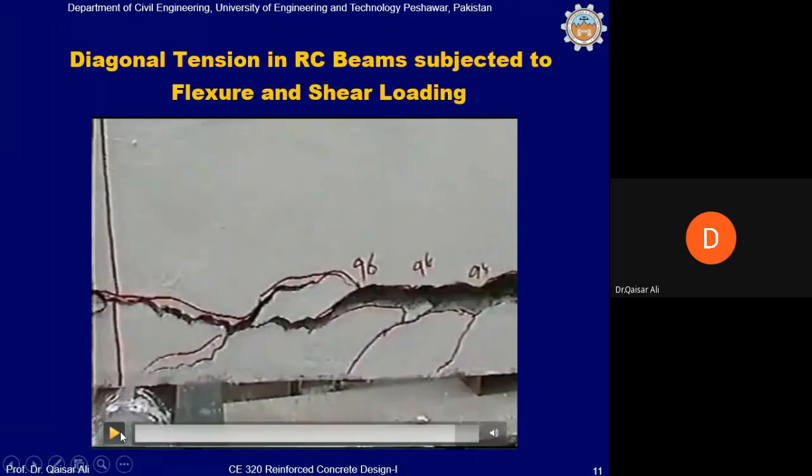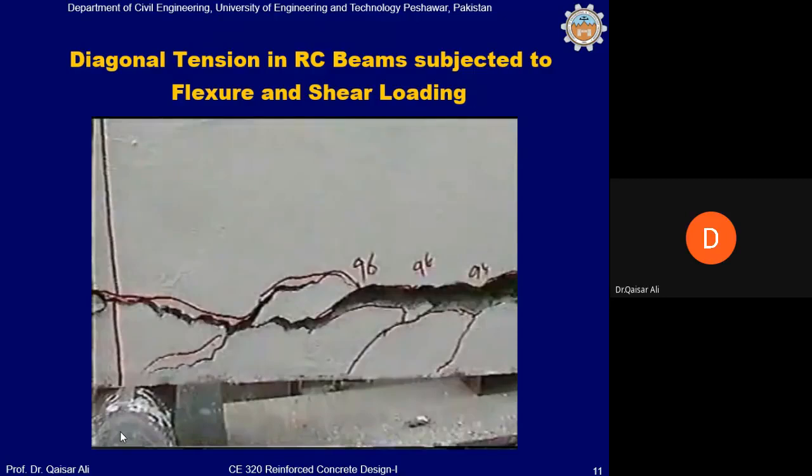Okay, two important things that we learn from this video are, number one, that failure due to shear stresses is more dangerous than the flexure failure. Shear failure of a reinforced concrete beam is more dangerous than the flexure failure, because the flexure failure was a ductile failure, but the failure due to shear stresses is brittle in nature.